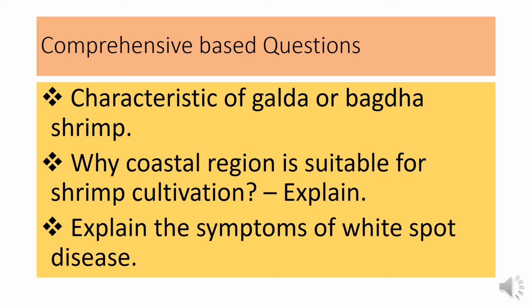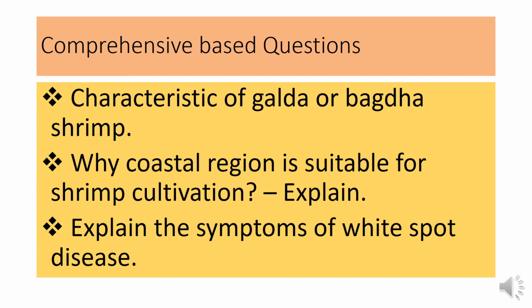Why is the coastal region suitable for shrimp culture? Mainly, in the coastal region, the water and soil are suitable for shrimp culture, and both Bagda and Golda shrimp can be cultivated in saline water or semi-saline water. Mainly, Bagda is a saline water fish, and many varieties of Golda shrimp can be cultivated in semi-saline water.